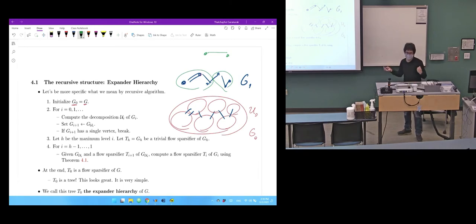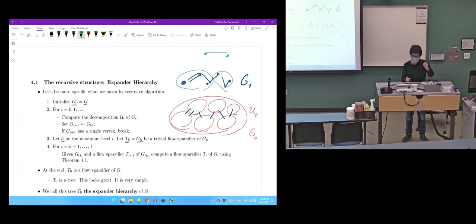That's going to happen because when you do expander decomposition, if you set phi small enough, the number of intercluster edges is shrinking. So let's say that you can do this H times. So GH has one node.